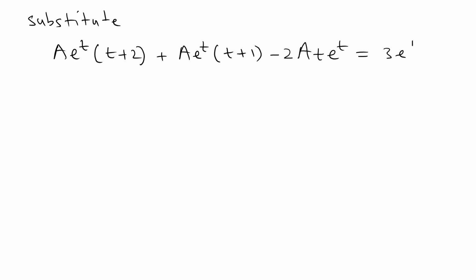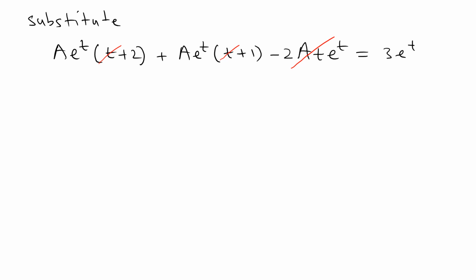So what we normally do is simplify the left side. When you simplify the left side, this a t e^t term cancels out with the other a t e^t term. So those two terms get cancelled out, and that part is gone.